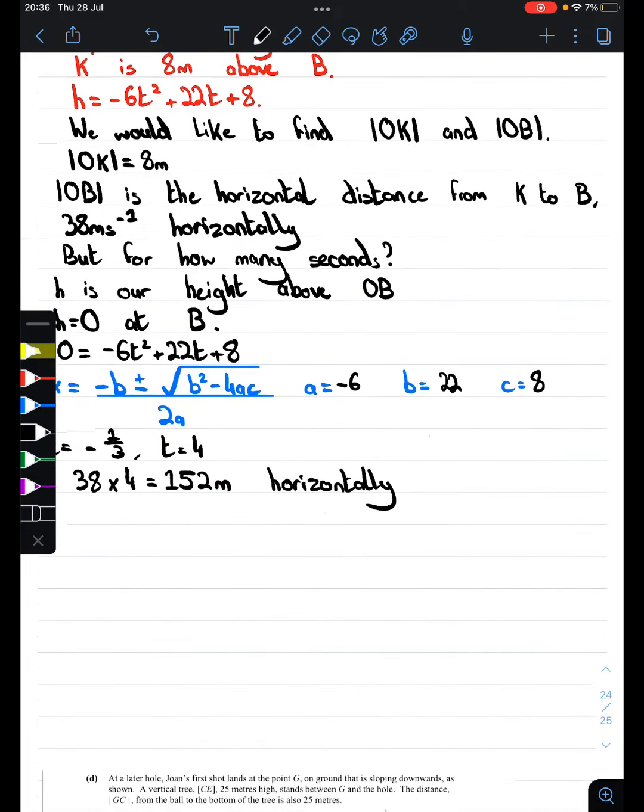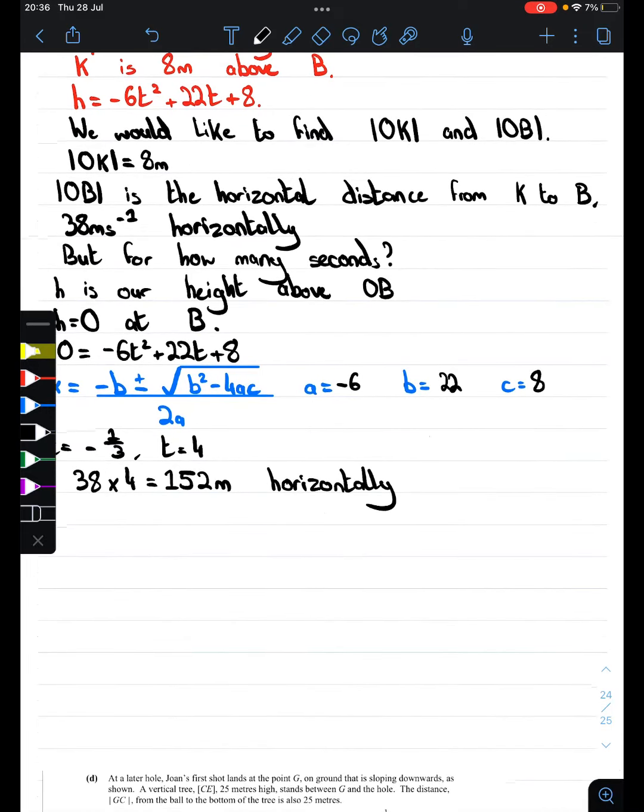We also know that theta equals tan inverse 1/2. So we know that tan theta equals h over d. So tan of tan inverse 1/2 is equal to h over d.